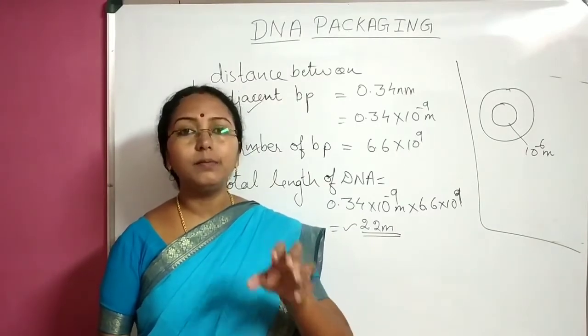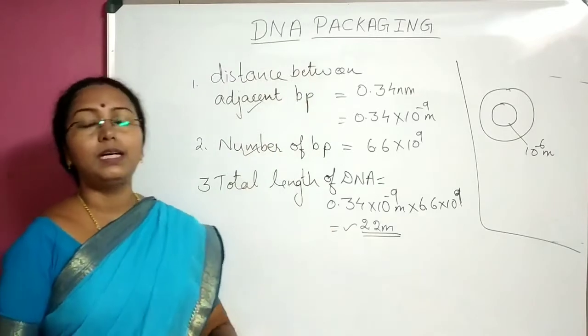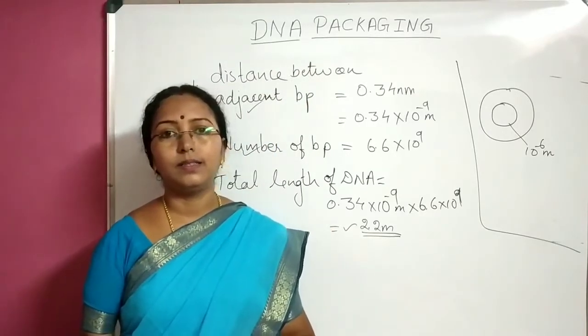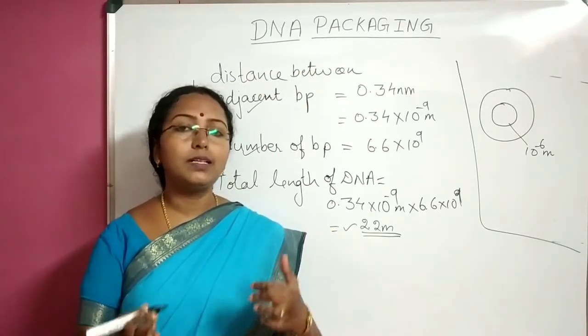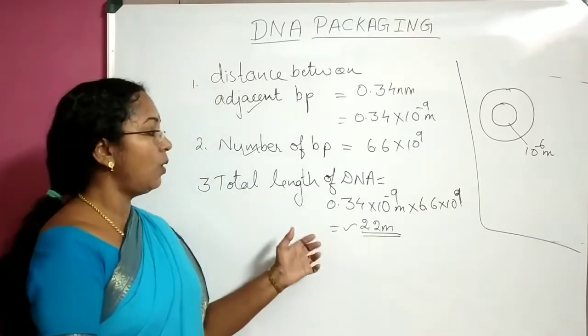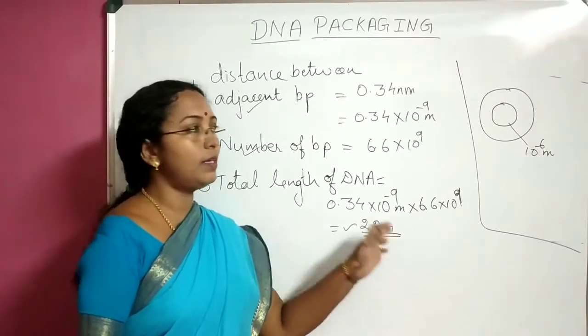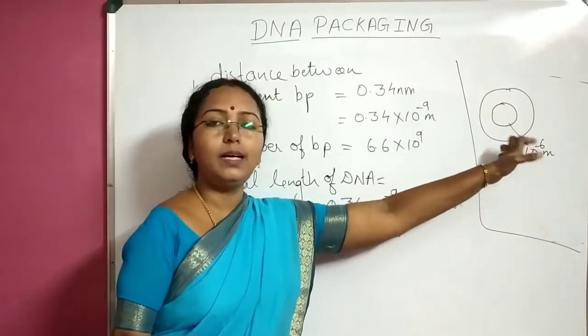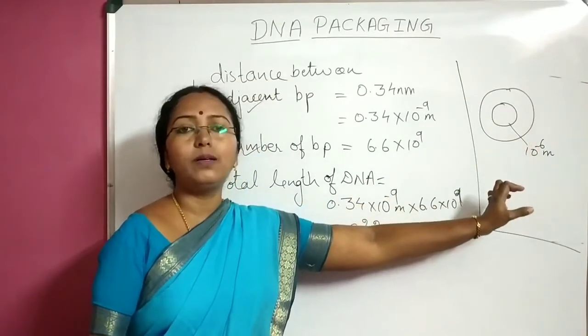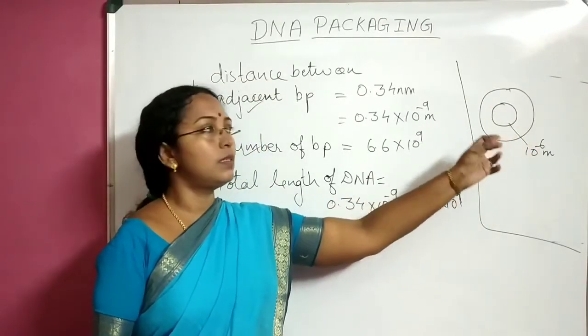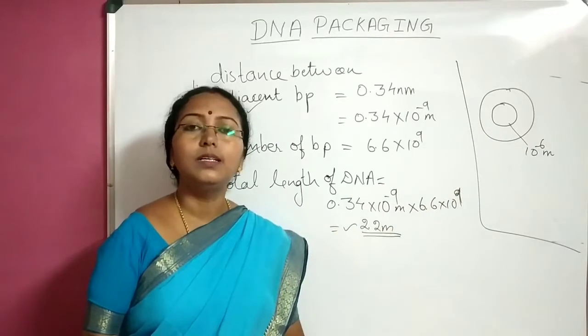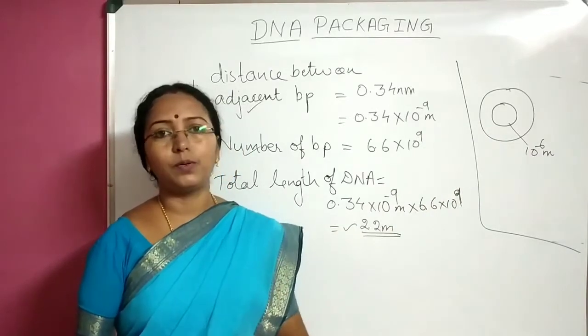So that is the importance of this topic, DNA packaging. Why we are learning this topic is to connect how this 2.2 meter long DNA is kept inside the nucleus, which has a dimension of 10 raised to minus 6 meters. So that is the importance.